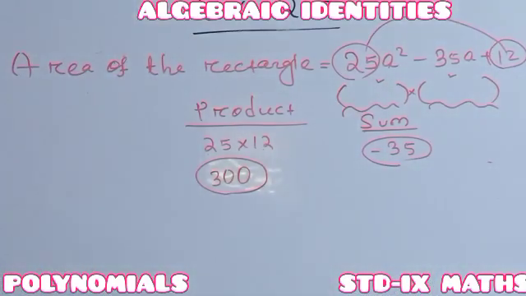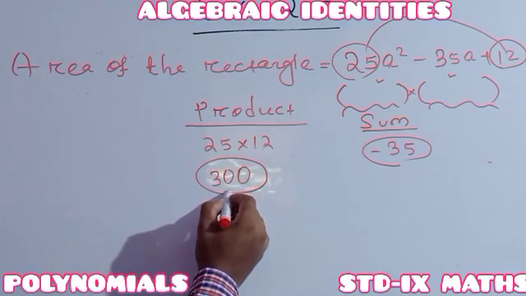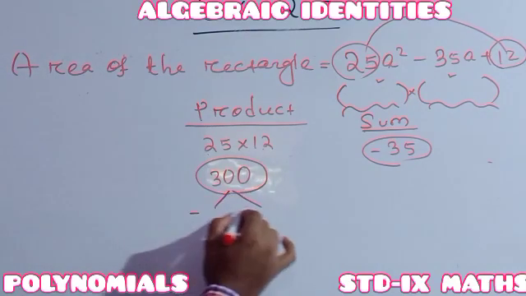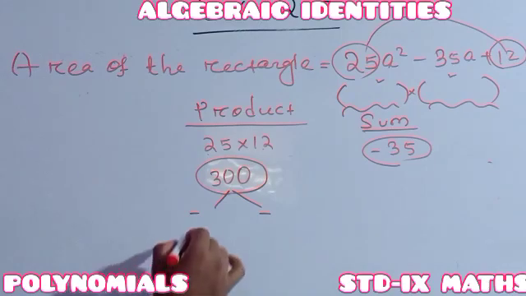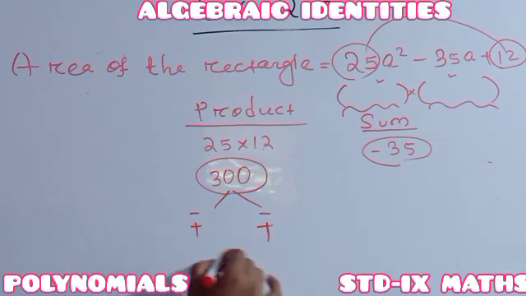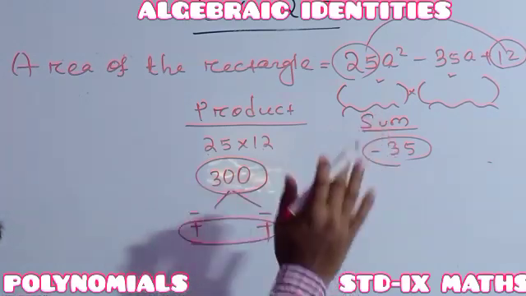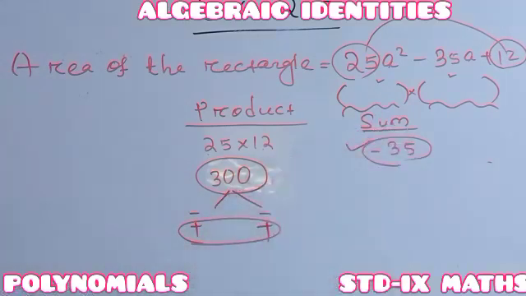See how to do it with an easy trick. First we have to see the product is 300, meaning plus 300. So either both should be minus, or both should be plus. Whenever both are plus, their sum will be positive. But here the sum is negative.